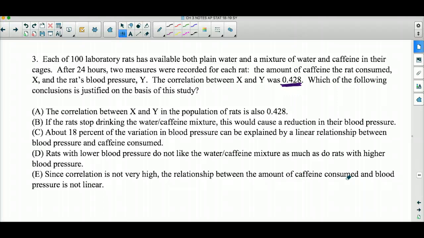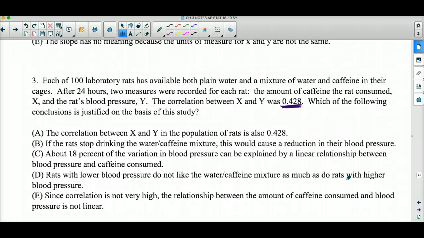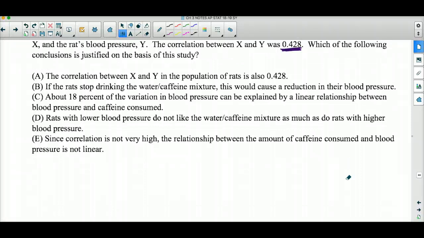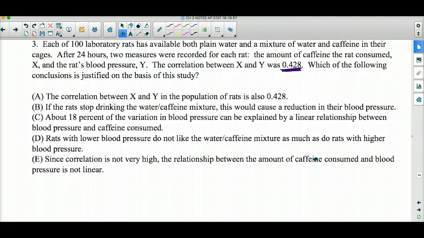Which of the following conclusions is justified on the basis of this study? Okay, so take a minute to read those, and only one of the following is justified. We are on Tutoring Review number 2 in your note packet, and it's question 3.